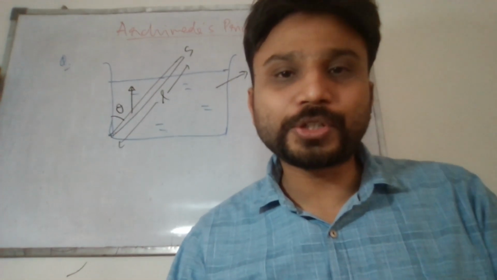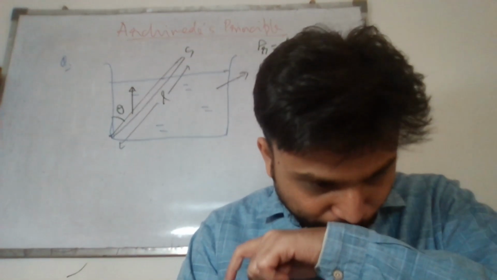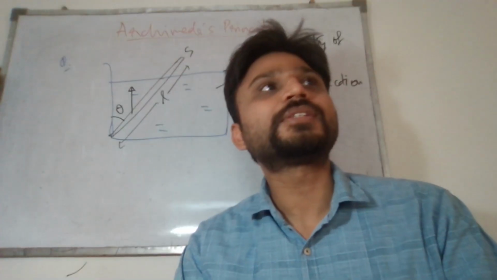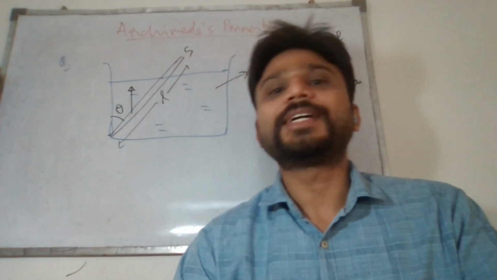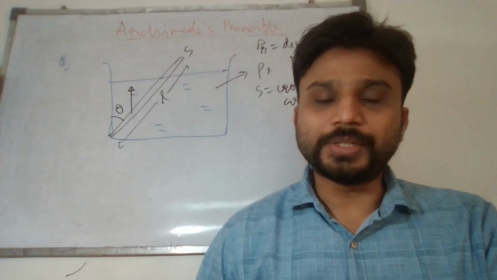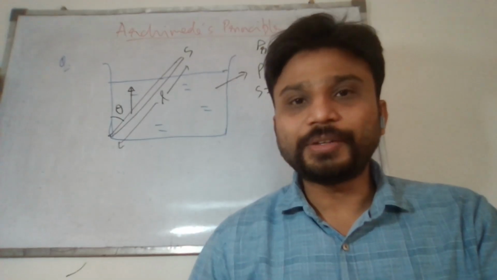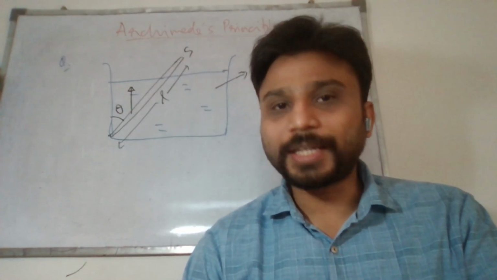That is the point of the question. In every question we have to get some learning from it. Its application is secondary for us. We'll solve this question, but what we want to learn is where the buoyant force actually acts.